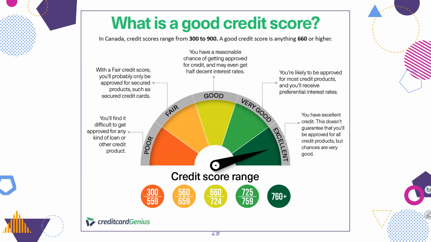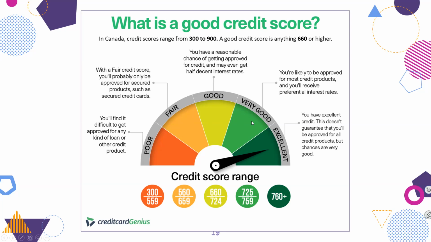If you have a good score between 660 and 724, then you have a reasonable chance of getting approved for credit. And you may even get an okay interest rate. Another thing with a poor or fair credit is that you might get approved for something, but you might have a really high interest rate, because in order to deter you from not paying it back, you have to pay back extra money.